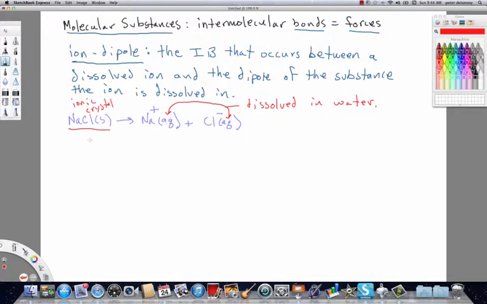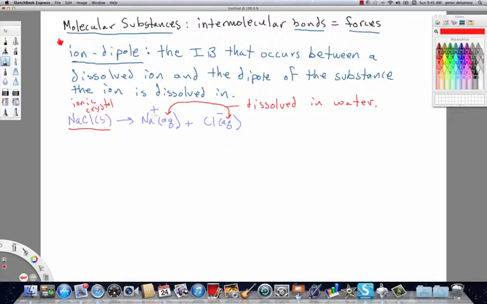Now, to understand the ion dipole interaction, what's important to realize is that in a university level general chem course, an advanced placement course, or even a high school chemistry course, this is important in dissolving ionic substances in water, because the principle that we're about to apply happens for any ionic compound that dissolves in water.